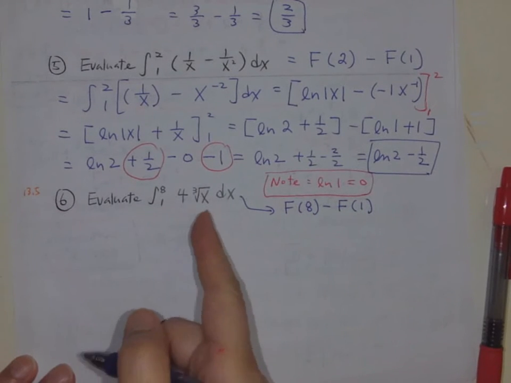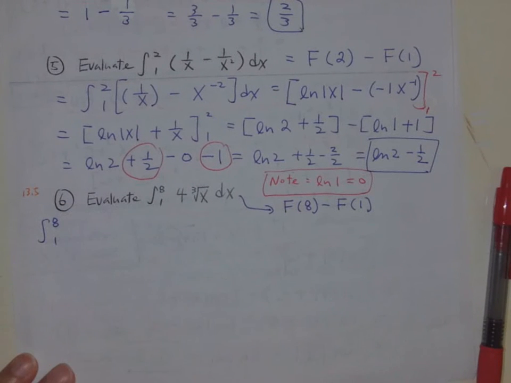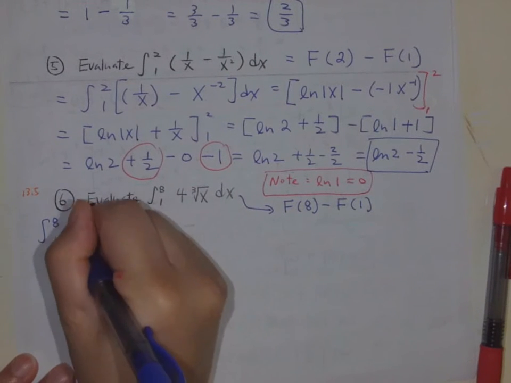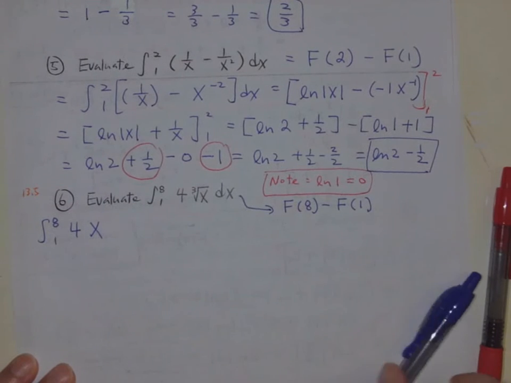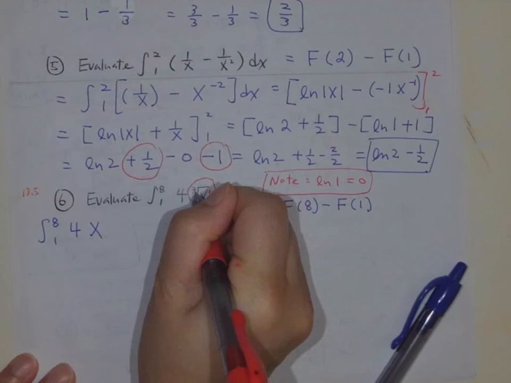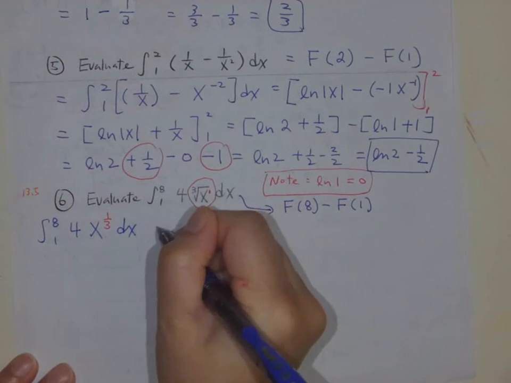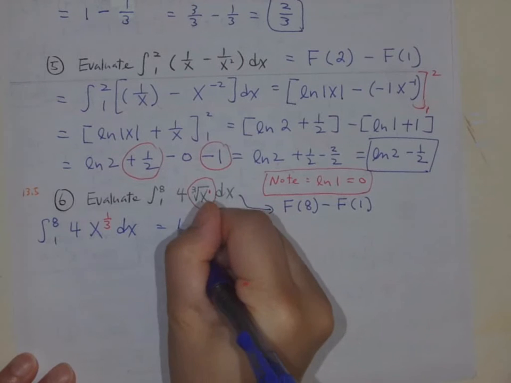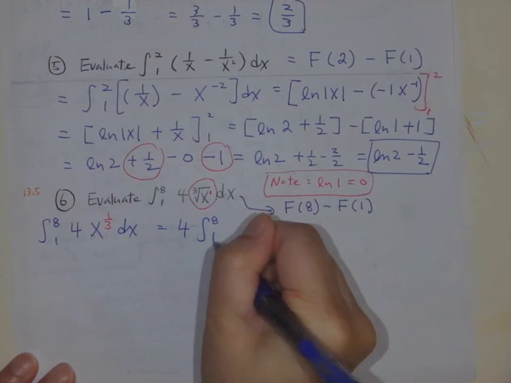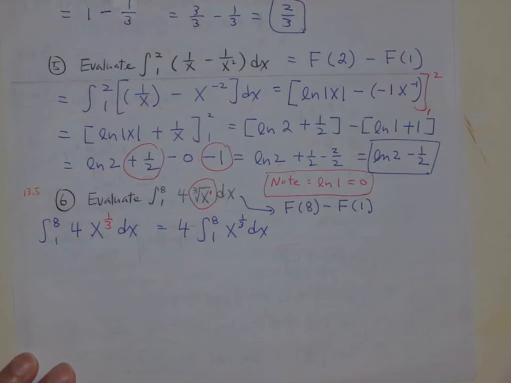So I can rewrite this as the integral from 1 to 8 of 4 times x raised to what power? A radical has a 1 here divided by 3, right? 1/3 dx. I can pull out a 4, so the integral from 1 to 8 of x to the 1/3 power dx.